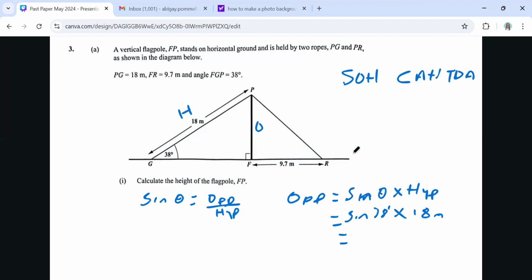Going back to our calculators, type in sine 38 times 18.